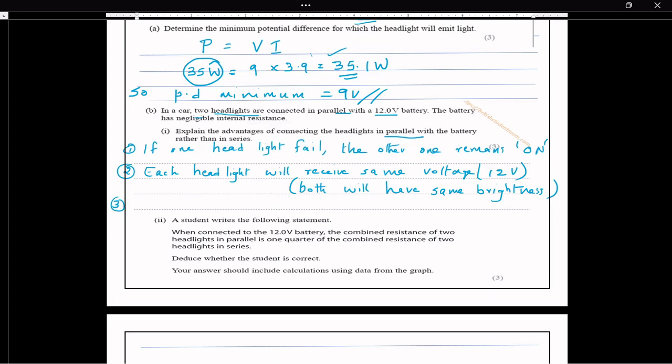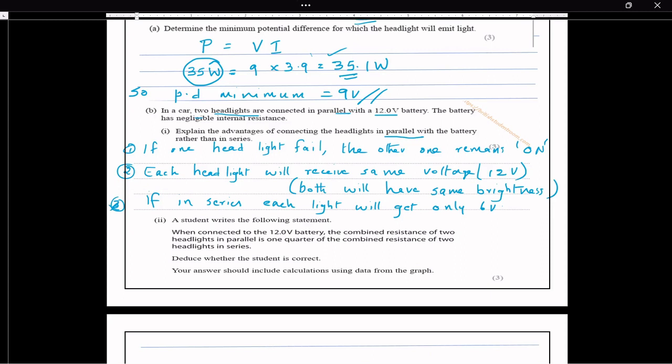As a third advantage, compare with series. If the headlights are in series, each light will get only 6 volts, because the 12 volts will be shared between the two headlights.